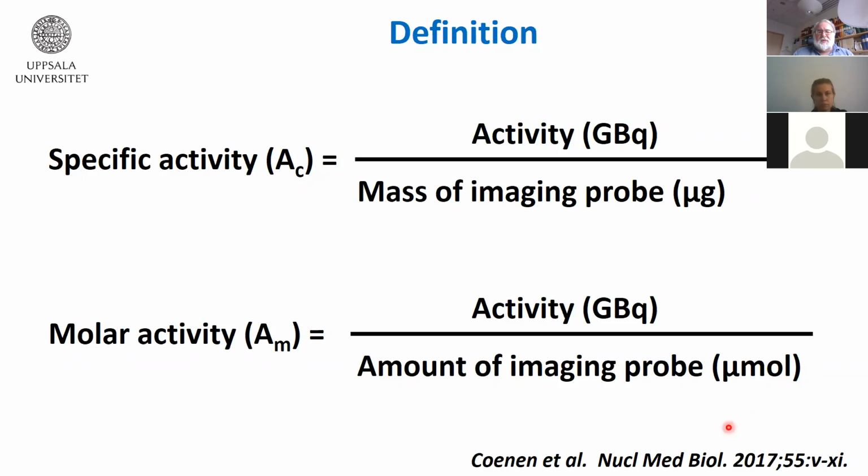So relatively recently, now 3 years ago, there was an editorial in the Journal of Nuclear Medicine and Biology, and there was a suggestion to distinguish strongly between specific activity, as activity per unit mass of imaging probe expressed in microgram, or molar activity, which is activity per unit of amount of imaging probe in micromoles.